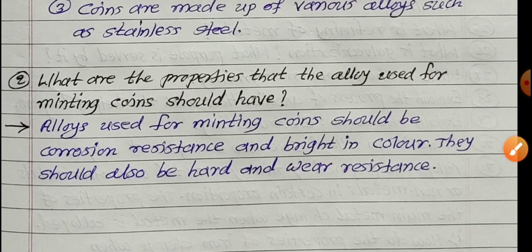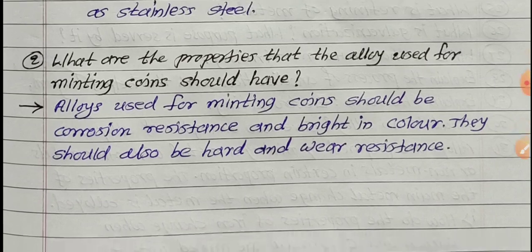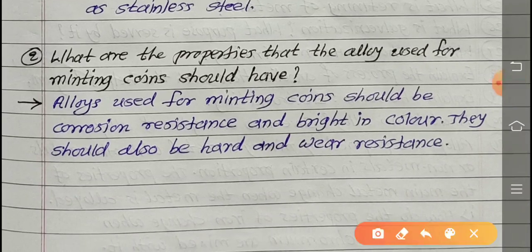And the second question, what are the properties that the alloy used for minting coins should have? Alloys used for minting coins should be corrosion resistant, to oppose the corrosion process, and bright in color.